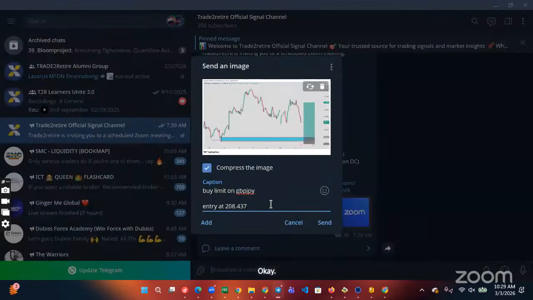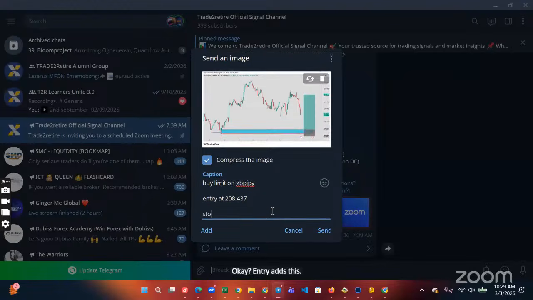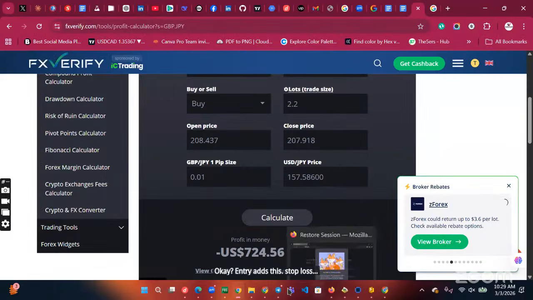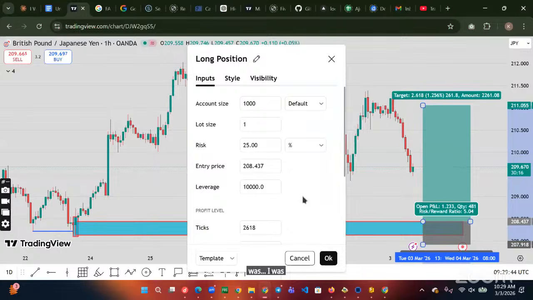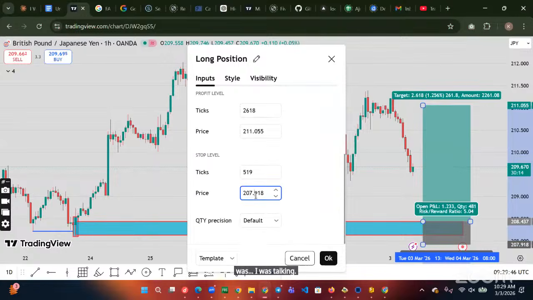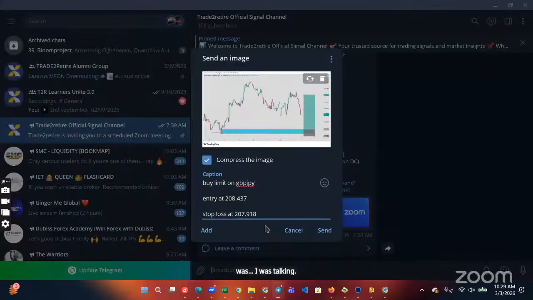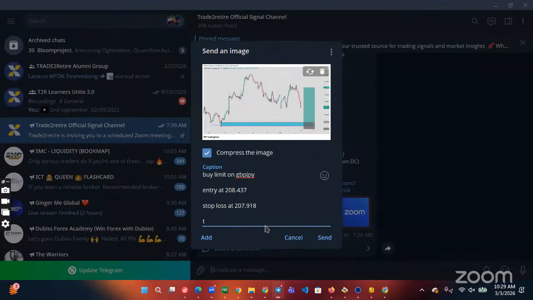Entry at this, stop loss. What is our stop loss? Profits.